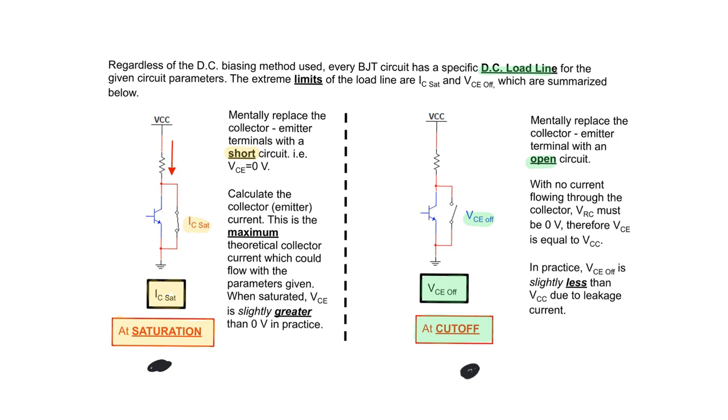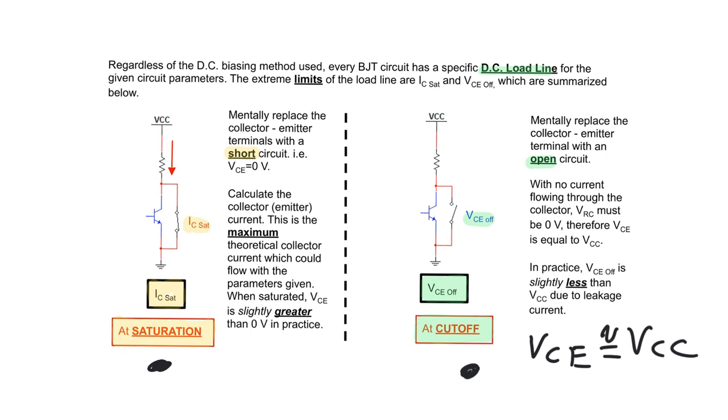At cutoff, it's assumed that the transistor is behaving similar to an open switch. Not exactly true. There is leakage current. So therefore, we could say that when in cutoff, the collector to emitter voltage is approximately equal to VCC.